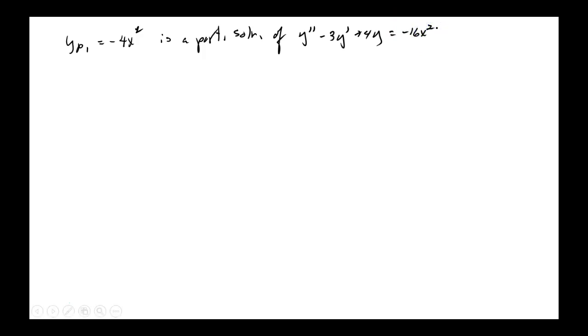It says you should verify, so we will, that y sub p sub 1 is equal to minus 4x squared is a particular solution of this equation: y double prime minus 3y prime plus 4y is equal to minus 16x squared plus 24x minus 8.